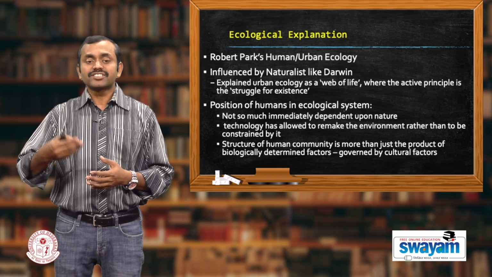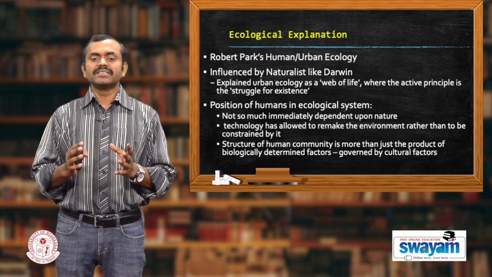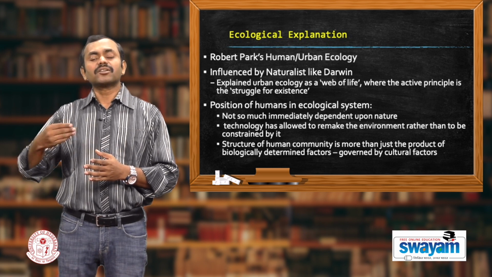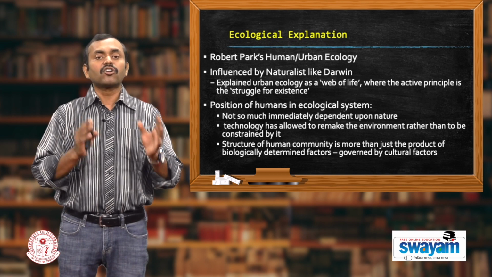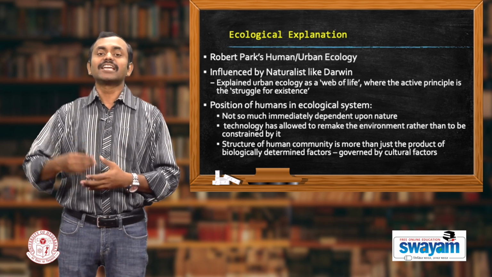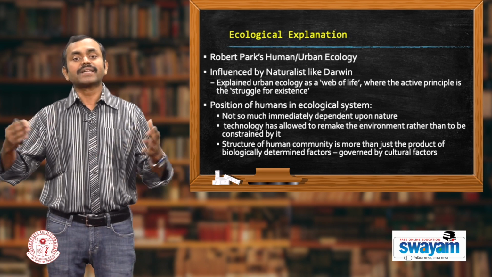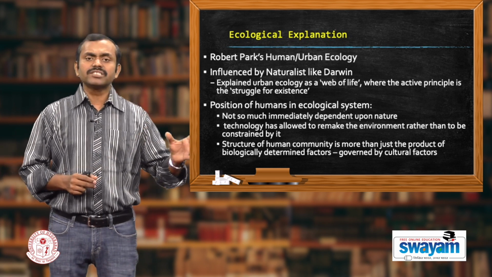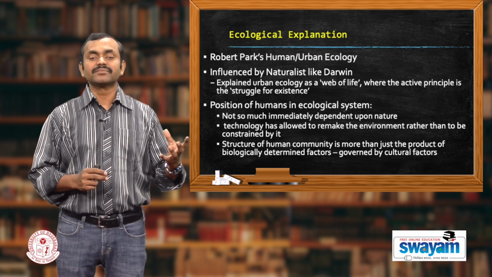And secondly, in industrial society, technology has allowed humans to remake their environment rather than be constrained by it. In other words, human beings in this web of nature occupy a special position, where, because of the power of technological knowledge, they can remake their environment, they can remake their nature.